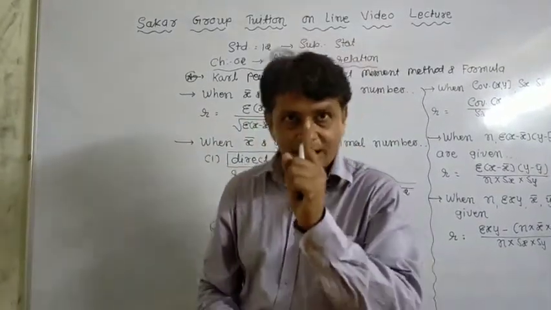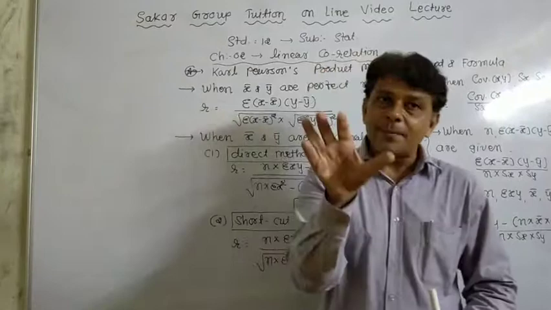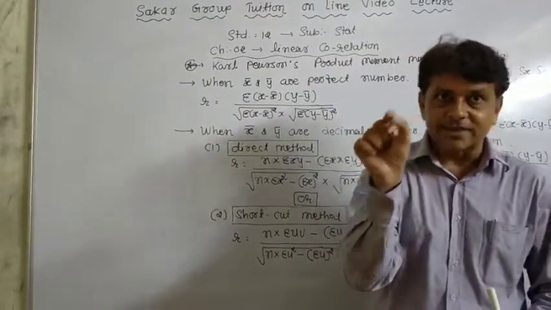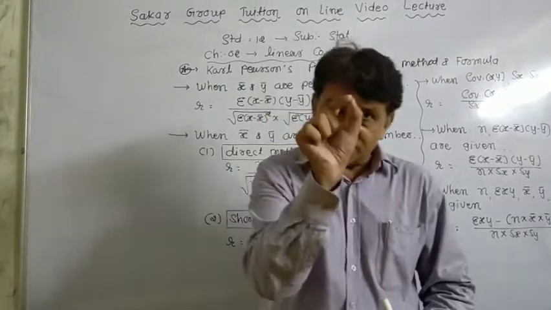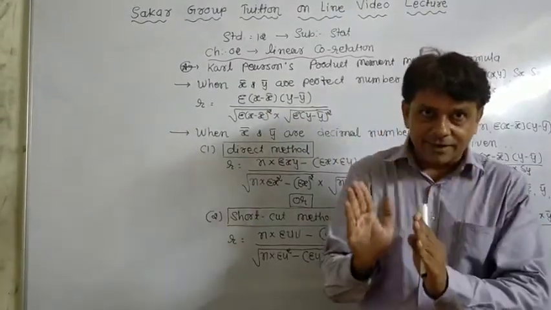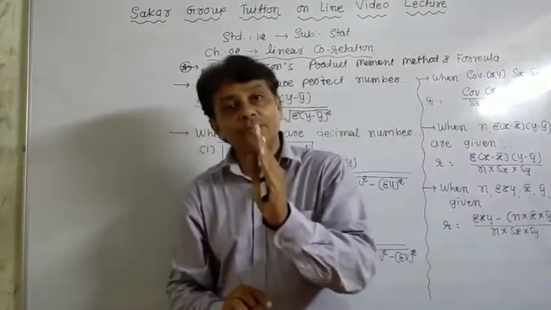So today we will learn all types of formulas which were released by Carl Pearson, and we will understand which kind of data is given and which kind of formula we have to take.